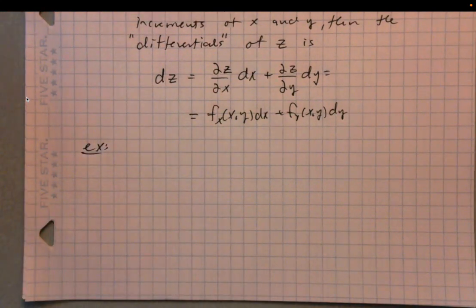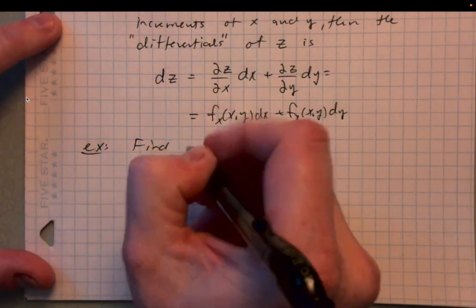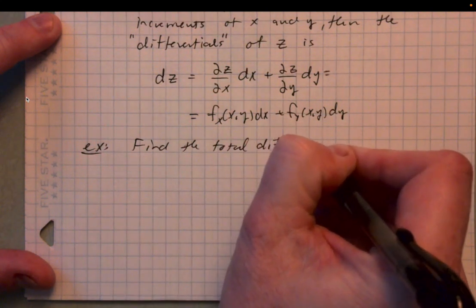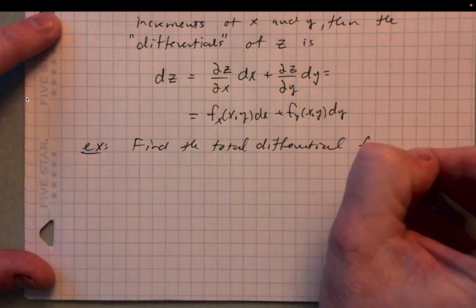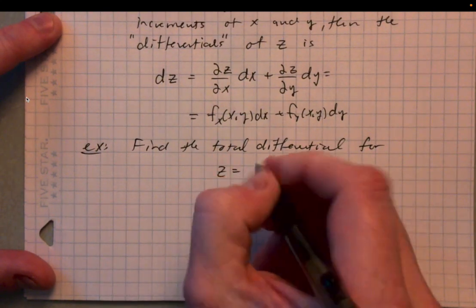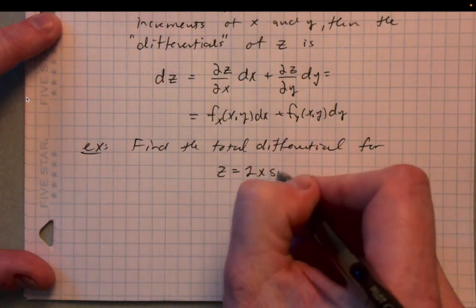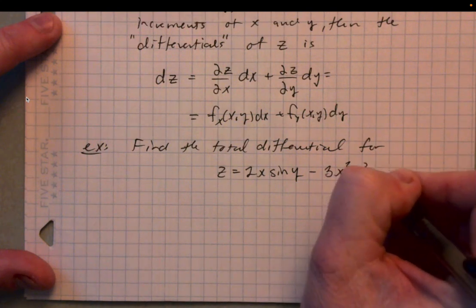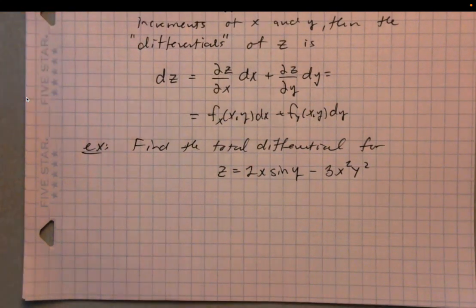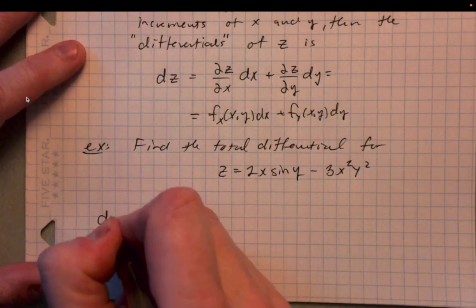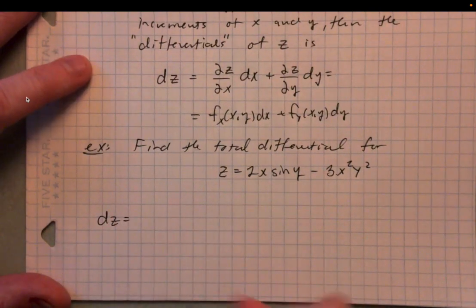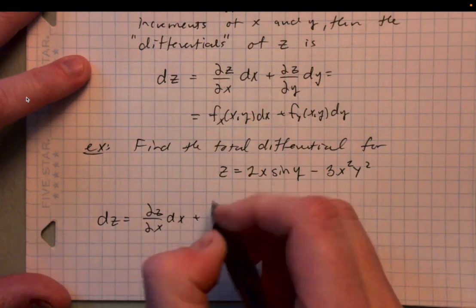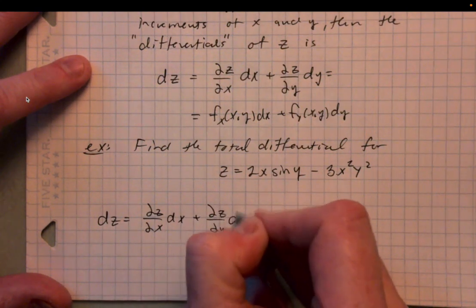Okay, so let's find the total differential for the function z equals 2x sine of y minus 3x squared y squared. The differential dz, as we just defined it, is del z del x times dx plus del z del y times dy.